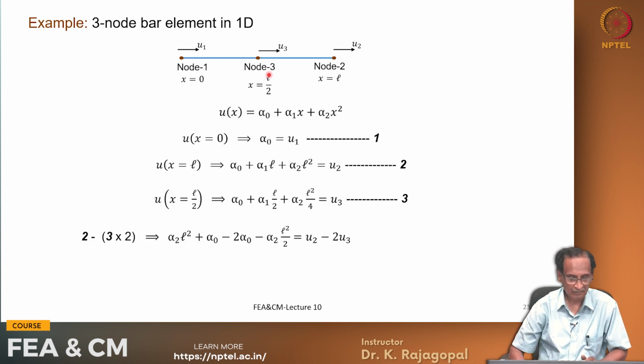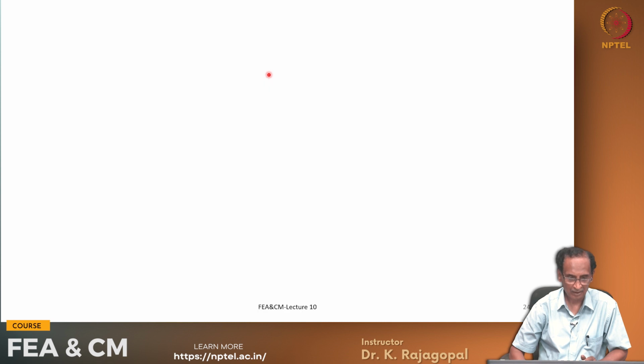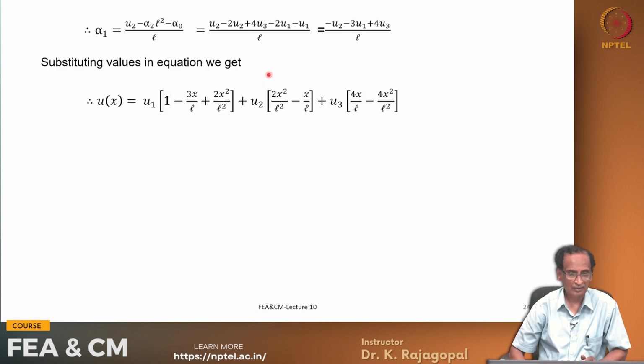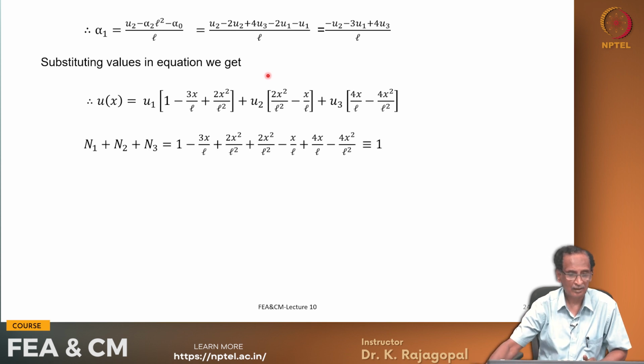By solving, we can get the 3 constants alpha naught, alpha 1, and alpha 2, and then substituting and grouping the terms under u1, u2, and u3, we get this.